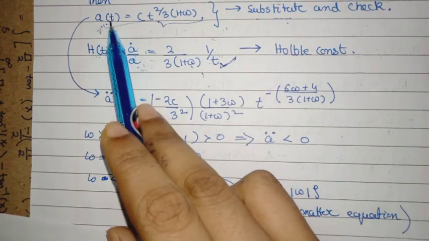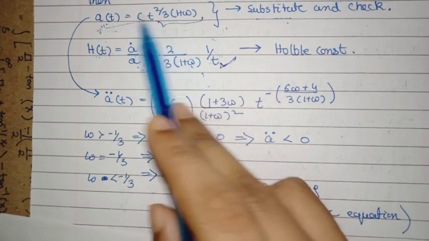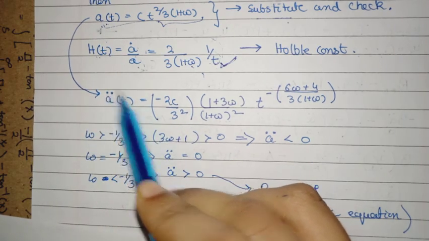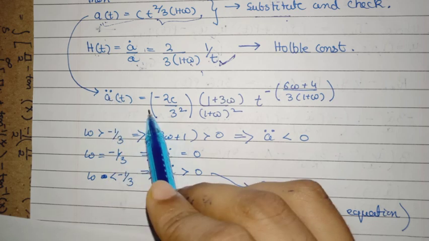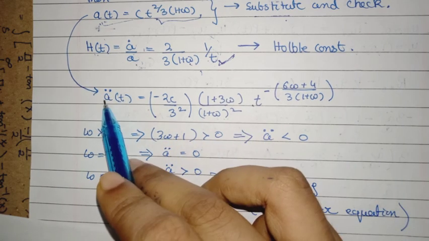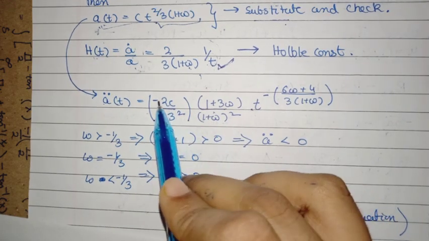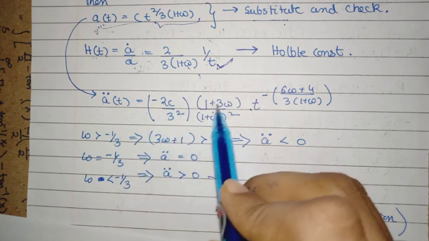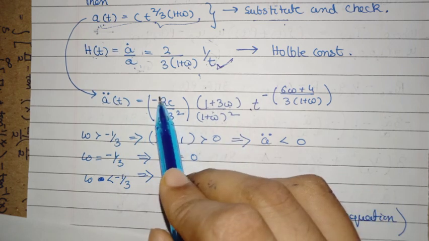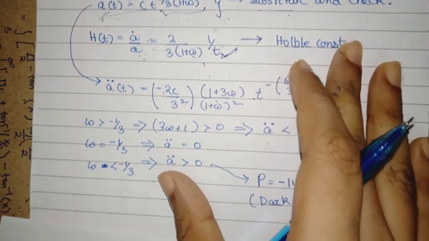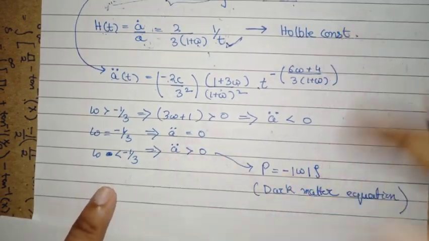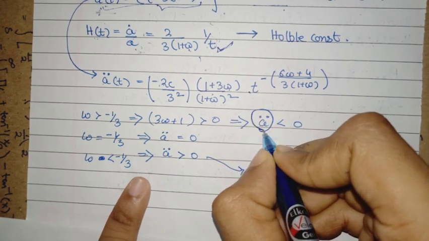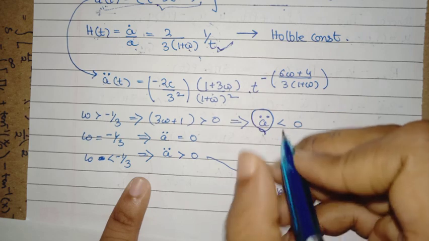And now you can also take this thing, and then you can do a double derivative. And this really shows that the dependence of a double dot is dependent on 1 plus 3 omega with a minus sign in the front. Now you can find out the condition on which a double dot is greater than 0, less than 0, or equal to 0.